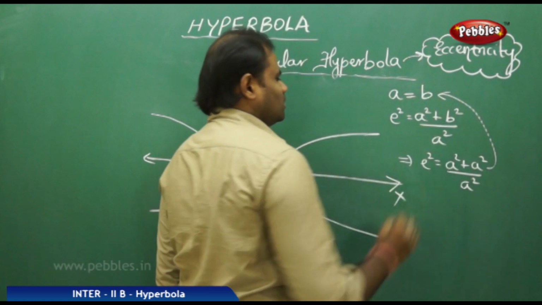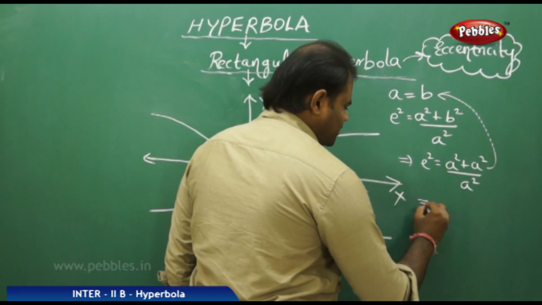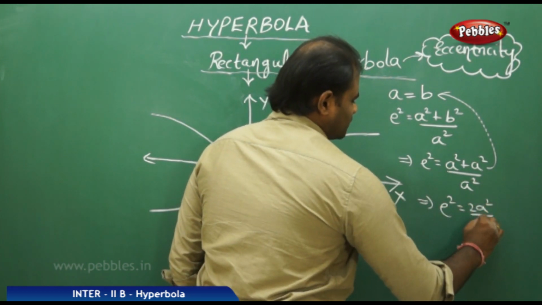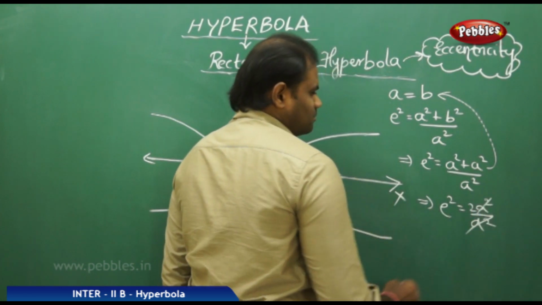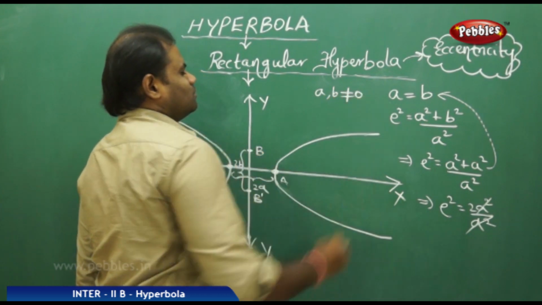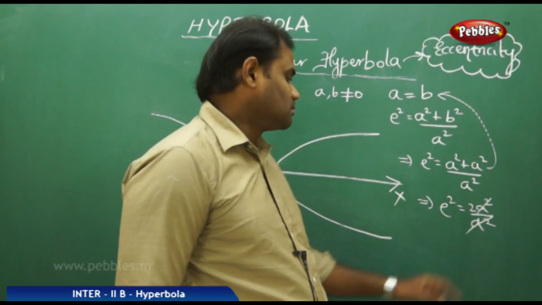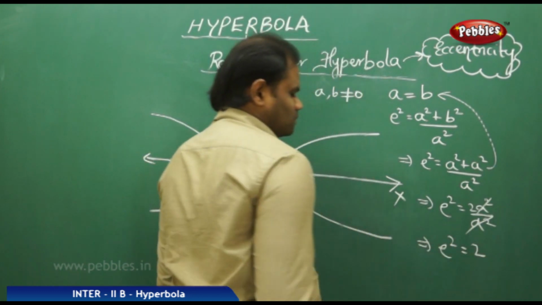On further simplification, this gives E squared equals 2A squared by A squared. This gets cancelled because A is not equal to 0; both A and B are not equal to 0. Therefore, I get E squared equal to 2.